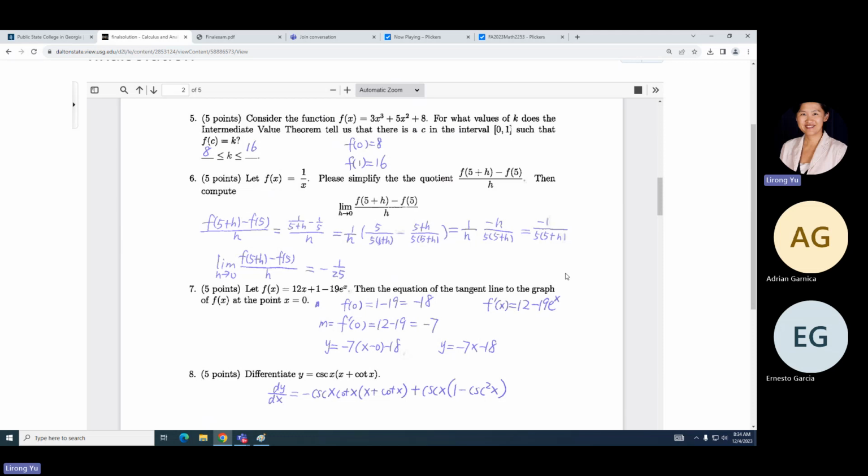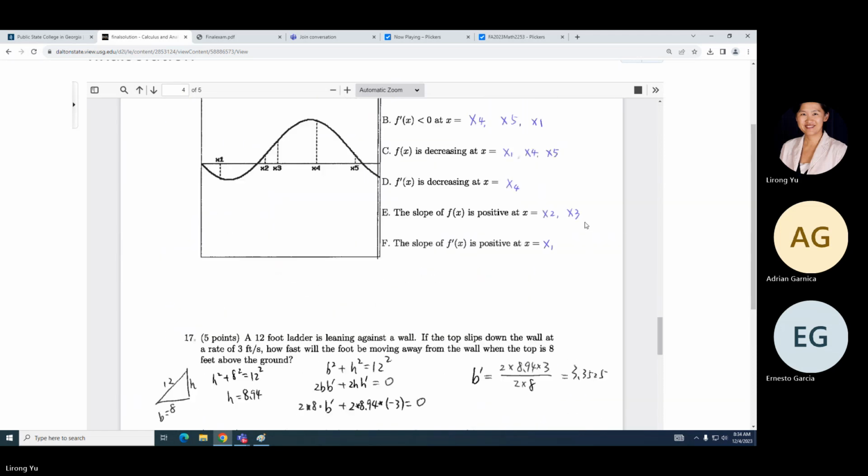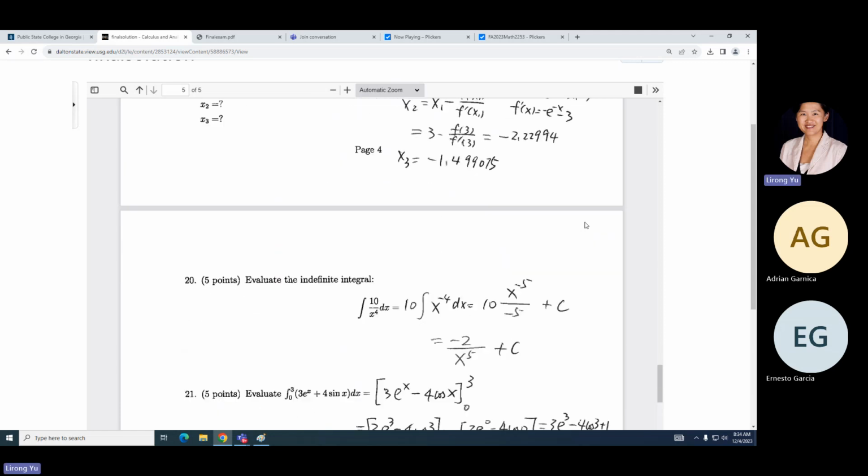And then for derivative, we have the mean value theorem. And we have integration. We also have the mean value theorem for integration. And then we have the connection between derivative and integration. That's the fundamental theorem of calculus.